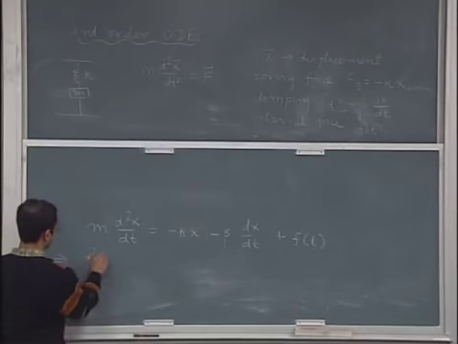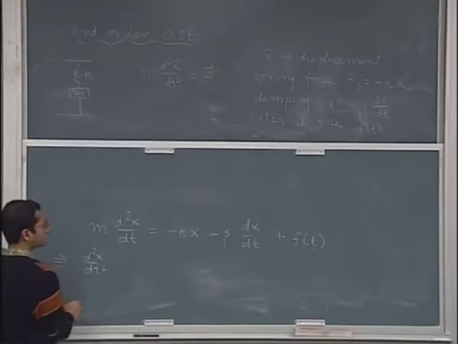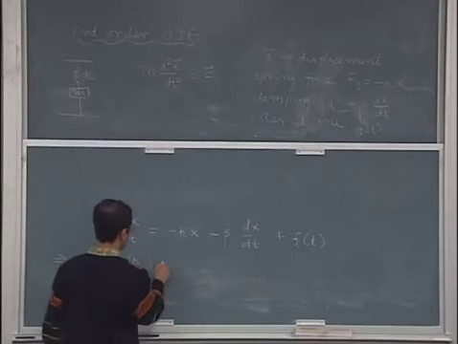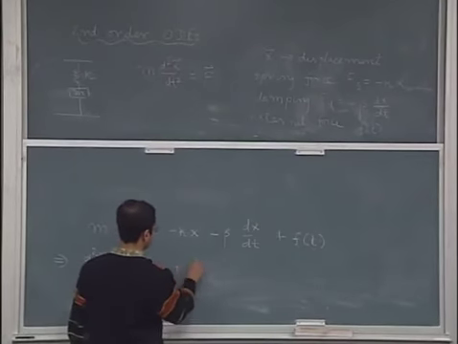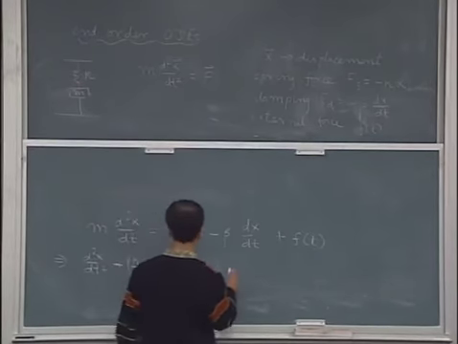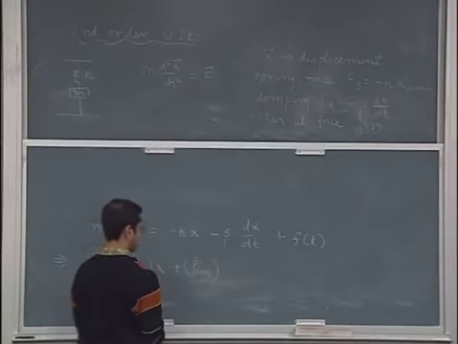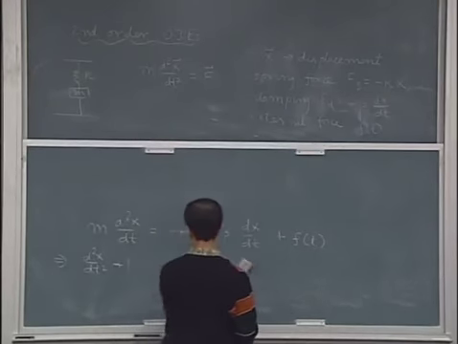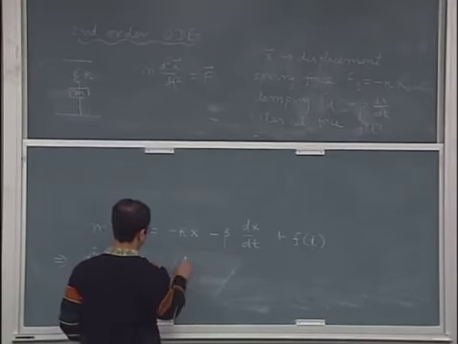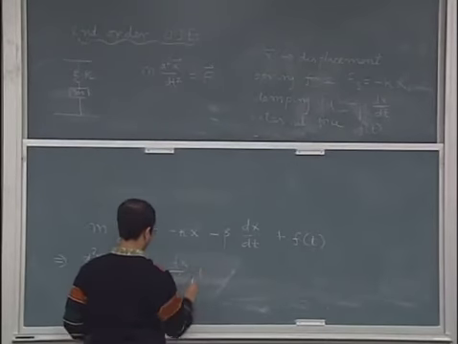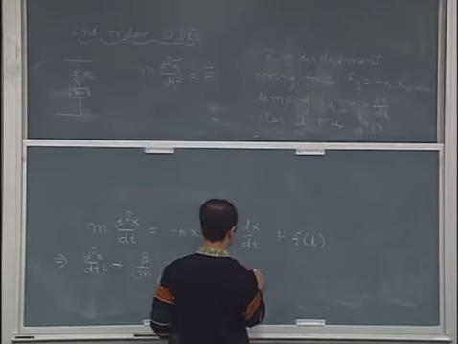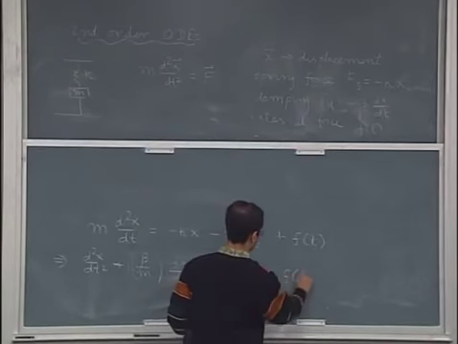I can write d2x/dt2 plus, let me write the dx/dt term first, beta over m dx/dt, plus k over m x equals F(t).